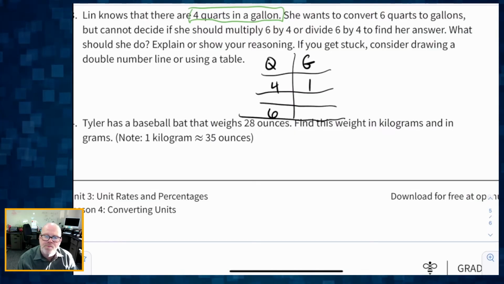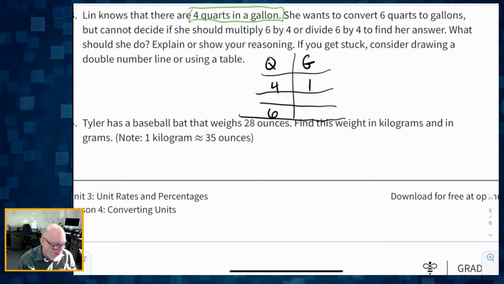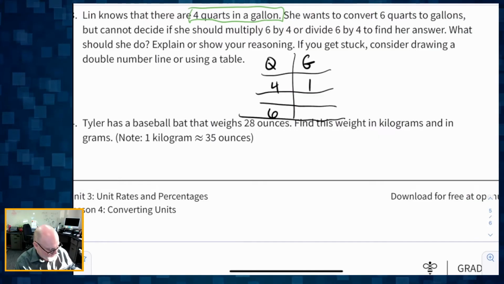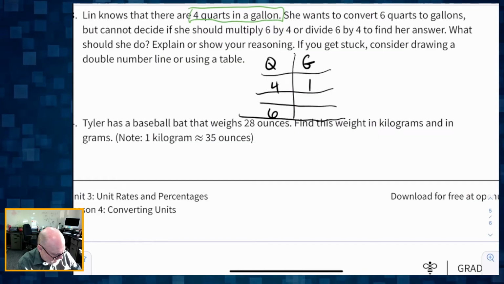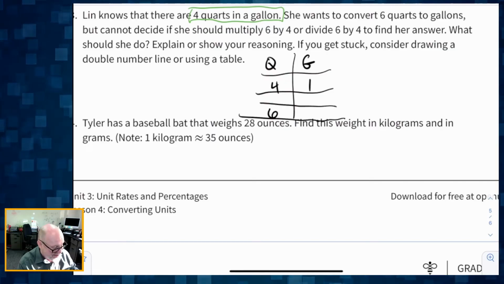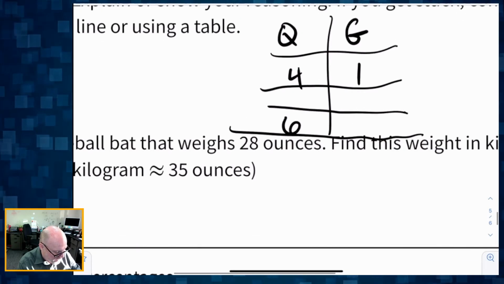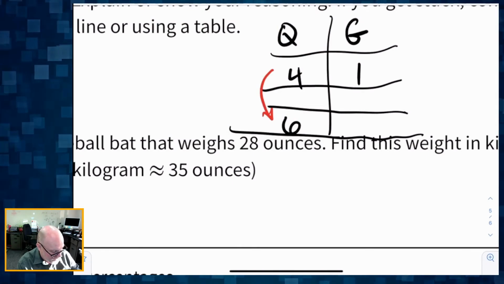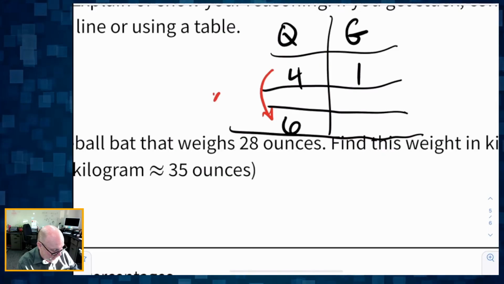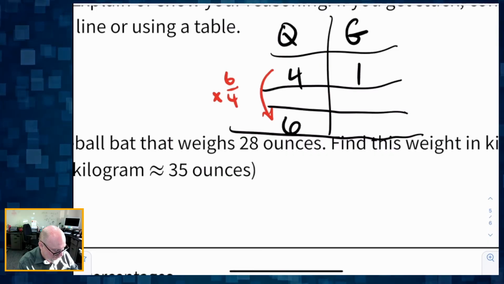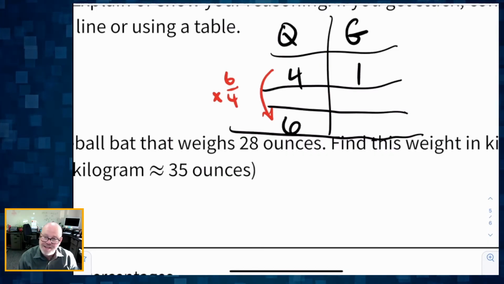So what am I going to do? We got a couple of options here. But how do you turn a 4 into a 6? Well, the way you turn a 4 into a 6 is you multiply by 6/4. So 4 times 6/4 gives me 6.